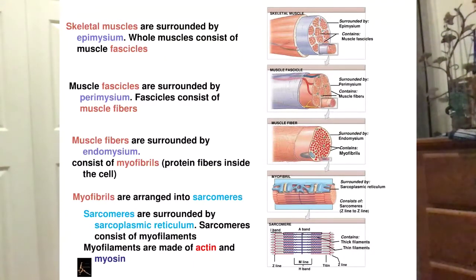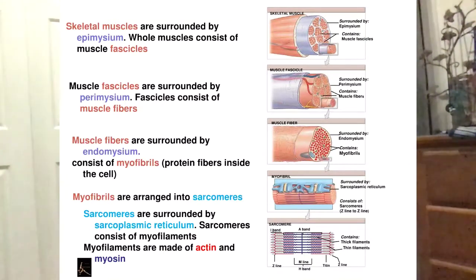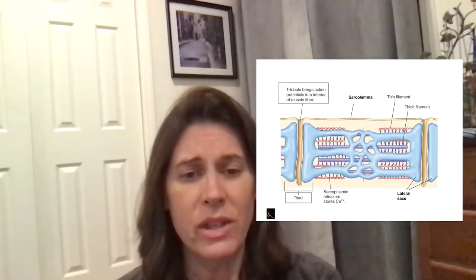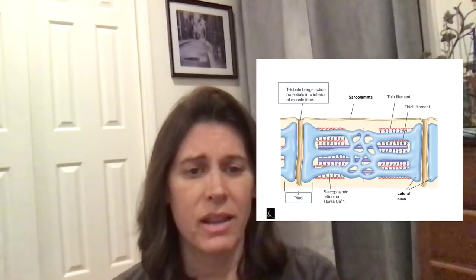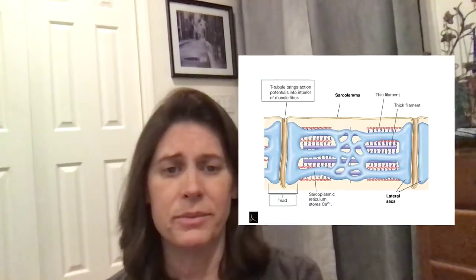So the myofibrils I mentioned are arranged into sarcomeres. We'll talk about that a little bit more in a minute. But each myofilament is made out of proteins called actin and myosin. We're going to discuss those a little bit more. First, let's look a little more at the cell structure itself.